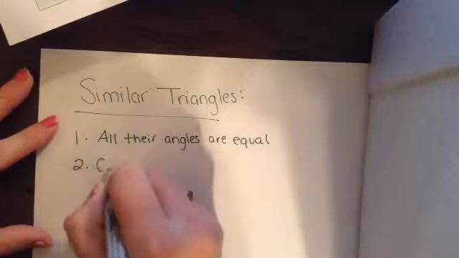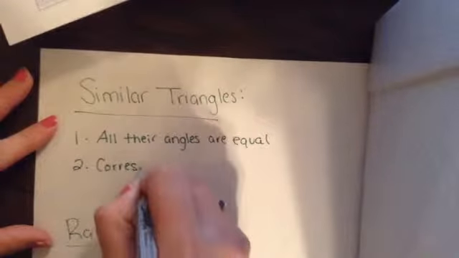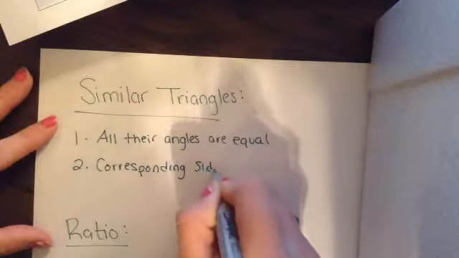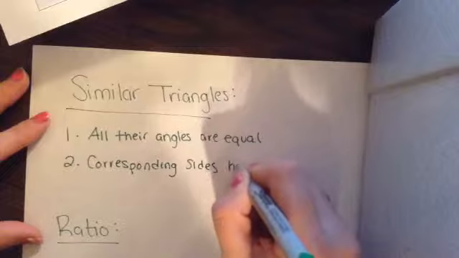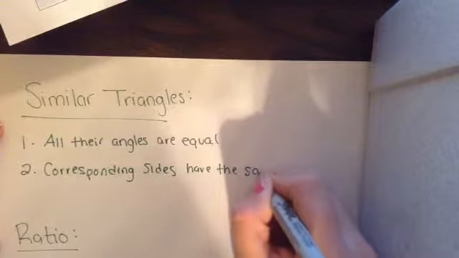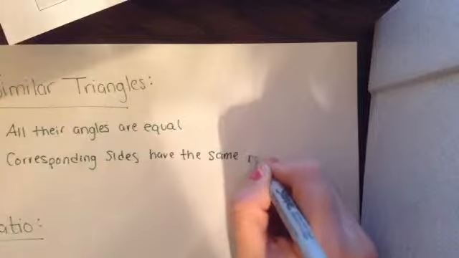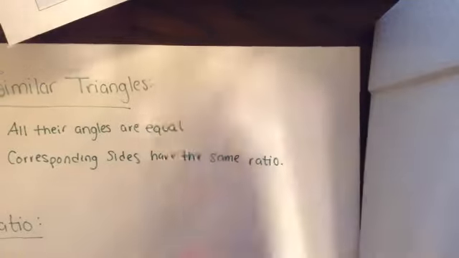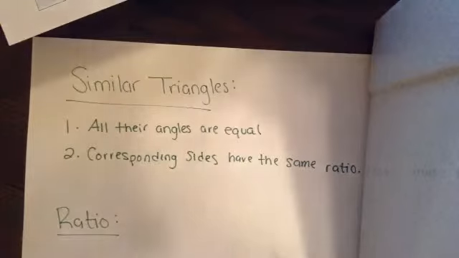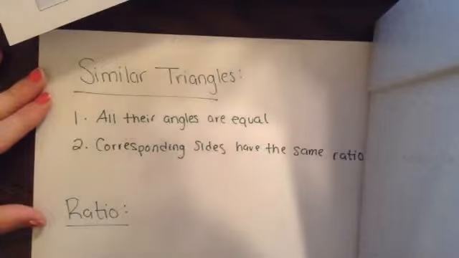The second is that corresponding sides have the same ratio. So these could be displayed on the board throughout the lesson so students can reference back to these as you are moving through the lesson.